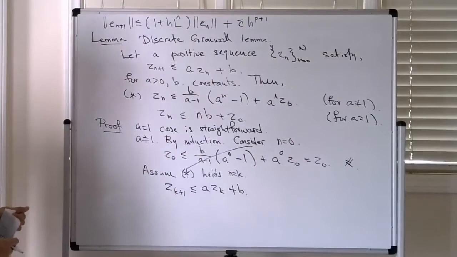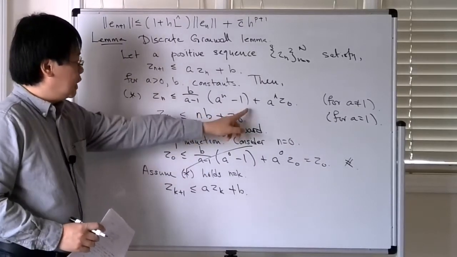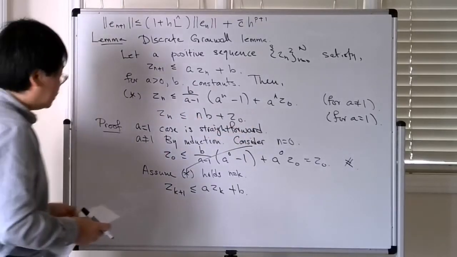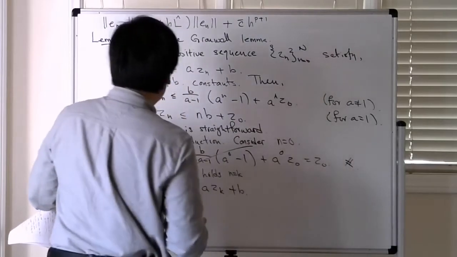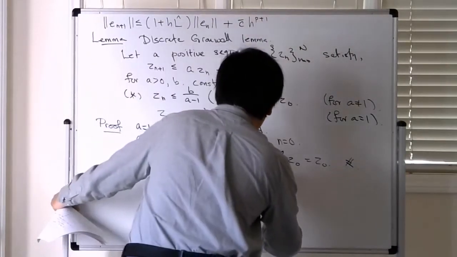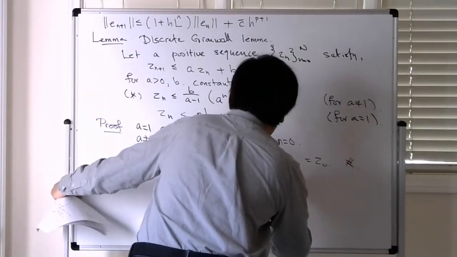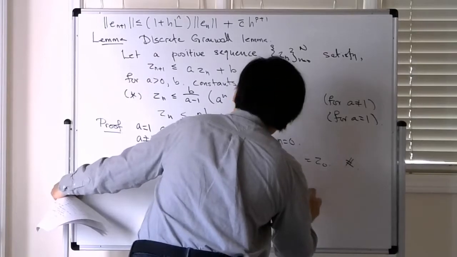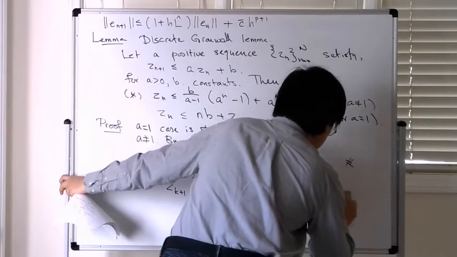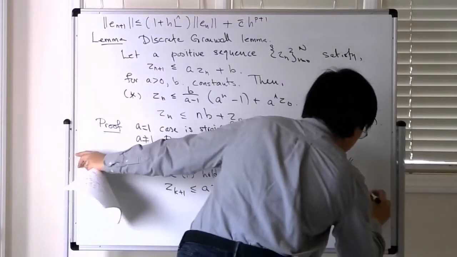And then of course what you want to do now is use the fact that z_k satisfies this relationship star. So I'm going to substitute that. This is going to be less than or equal to a times b over a minus 1, times a to the k minus 1, plus a to the k z0, plus b.